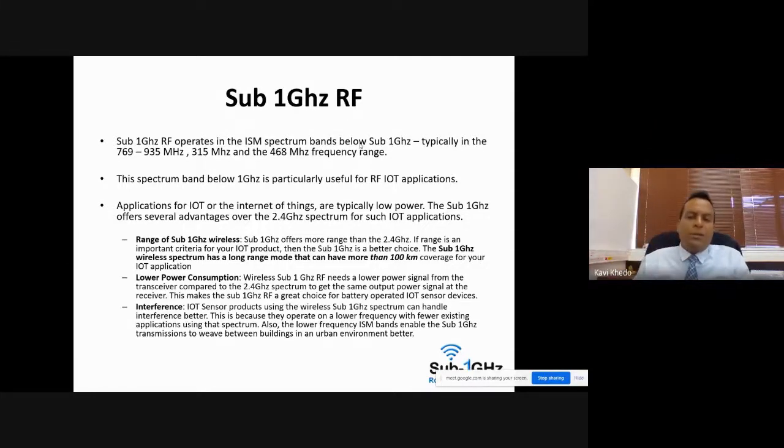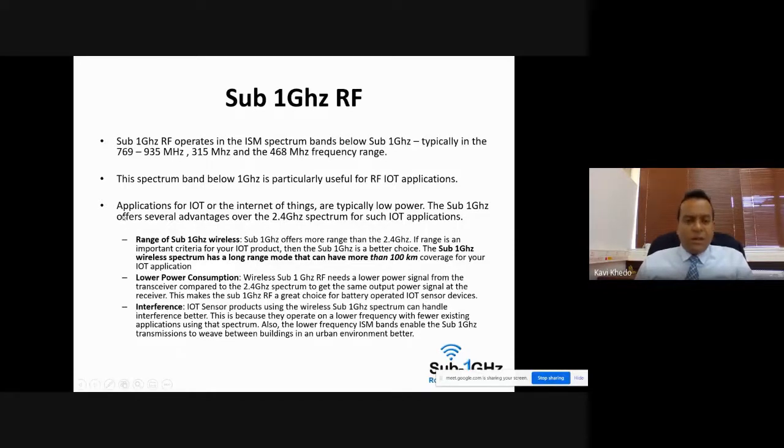So you see here, the spectrum band below 1 gigahertz is particularly useful for RF IoT applications. Applications of IoT are typically low power and offer several advantages over 2.4, which is Wi-Fi.